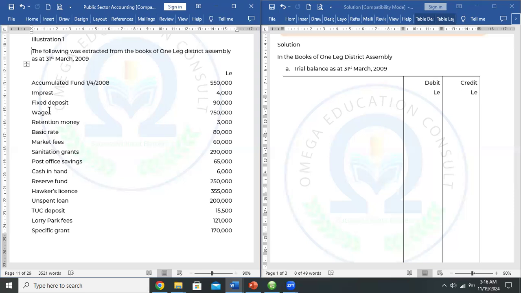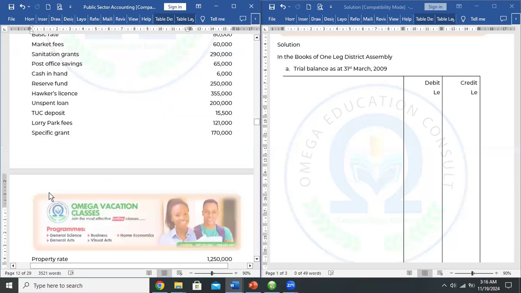Cash in hand, 6,000. Reserve fund, I think 250,000. Hawker's license, 355,000. Unspent loan, 200,000. TUC deposit, 15,000. Lorry park fees, 121,000. Specific grant, 170,000.